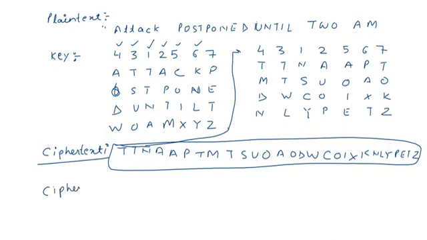So we do this kind of permutation 2 times. So this is the final ciphertext.